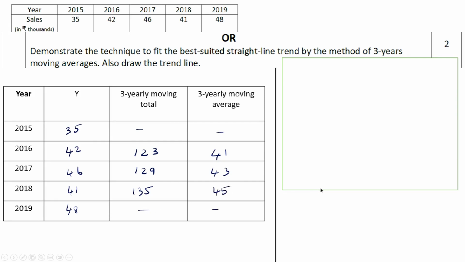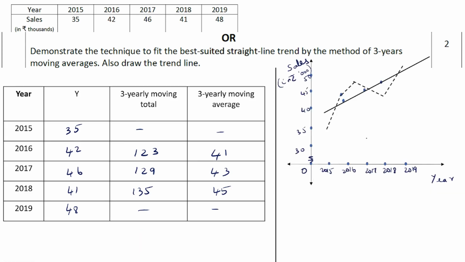So here if we draw a graph with year on the x-axis and the sales value on the y-axis, and plot these points, we will get the trend line using 3 yearly moving average. We can plot the various points for y. So this is the actual data which is plotted on this dotted line.